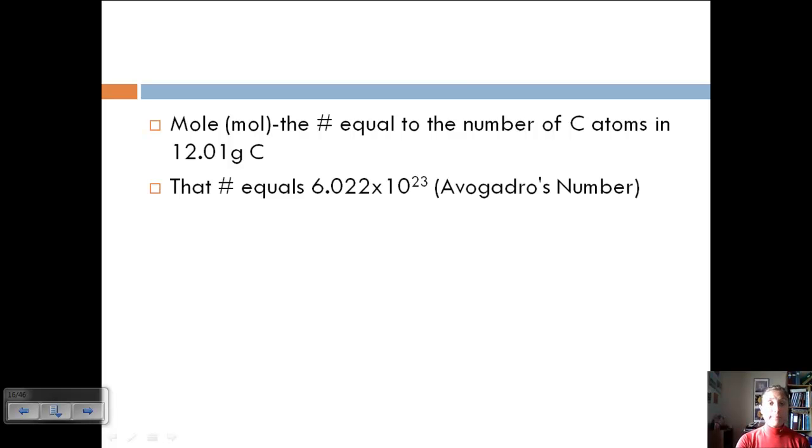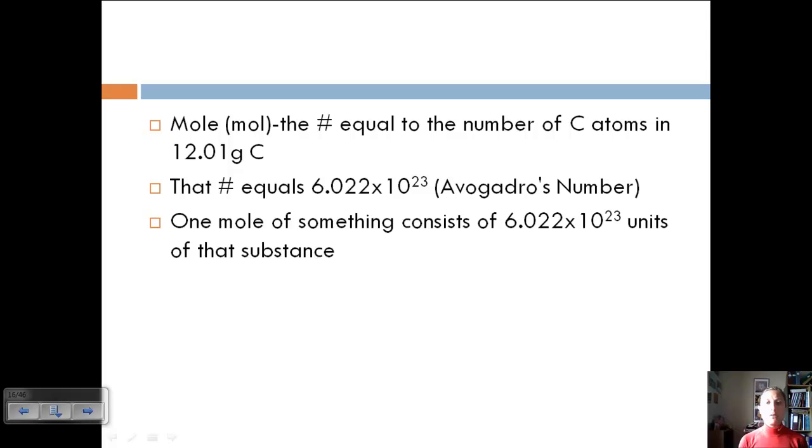This number is equal to 6.022 times 10 to the 23rd, and that is what's called Avogadro's number. Avogadro was a guy who did a lot with chemistry, introductory chemistry. So 1 mole of something consists of 6.022 times 10 to the 23rd units of that substance. And so we're taking Avogadro's number and relating it to 1 mole.